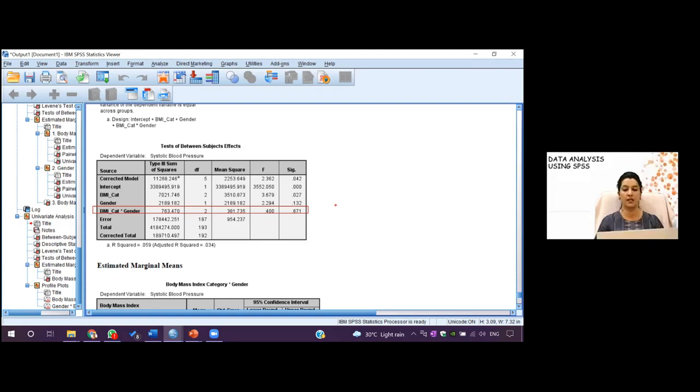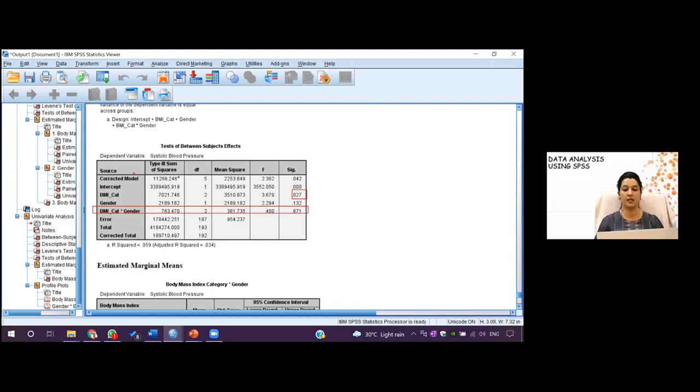I will only report the main effect. Recall that flow diagram where we discussed whether the interaction effect is significant or not. If the interaction effect is significant, we report simple main effects. And if the interaction effect is not significant, we report the main effects. Main effect means we will report the effect of BMI category and gender. And you can see here this value, 0.207, this is significant.